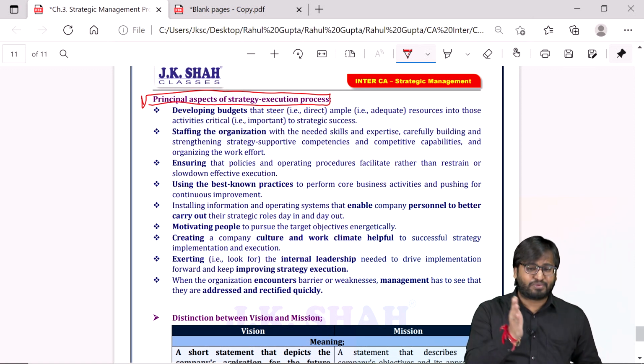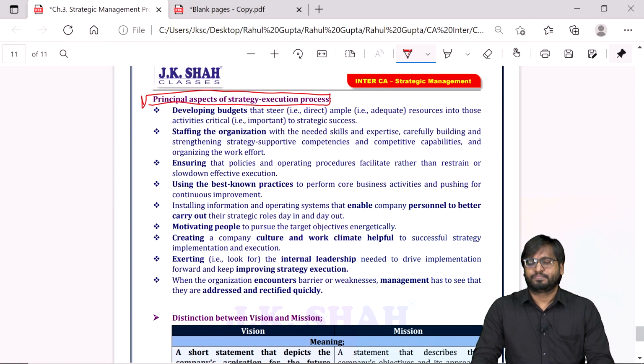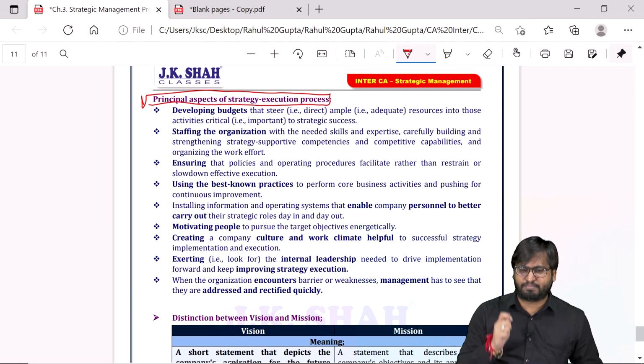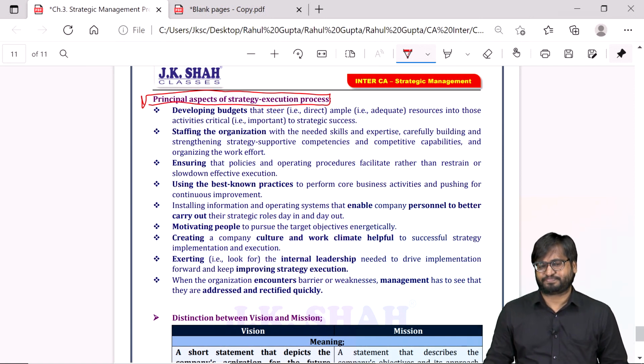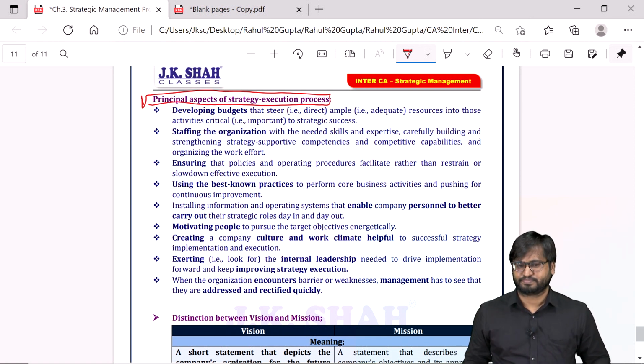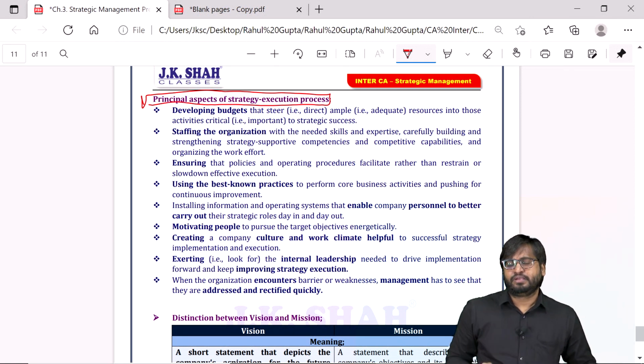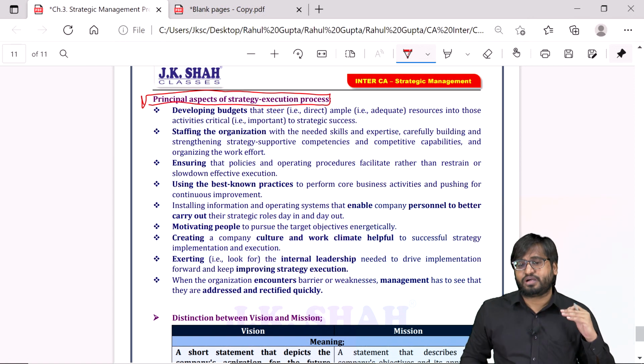Implementation is a very time-consuming process. Employees may get demotivated, so you need to keep them motivated at all levels, at all times. You'll have to create a good working environment, a good work culture, a good work climate in order to get the best out of your employees.